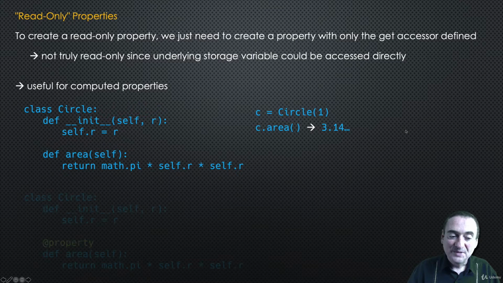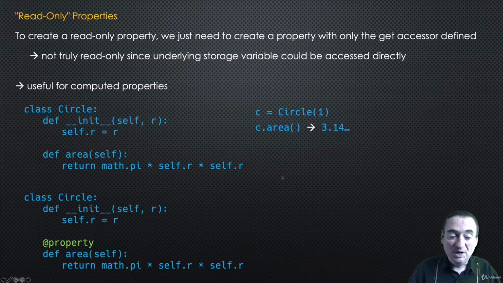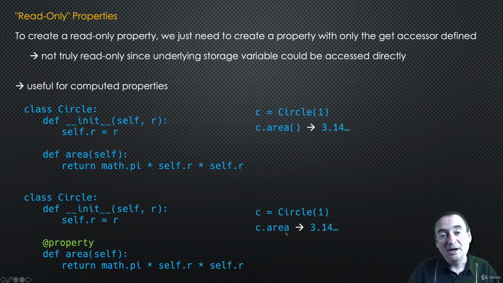So that's great. But here's another way we can do that as well. Instead of using just the method area, we decorate it with the @property decorator. That's the only piece of code that changed. Now the only difference is that we don't have to call area as a method. It's basically a property, but it's a calculated property, and it returns 3.14.